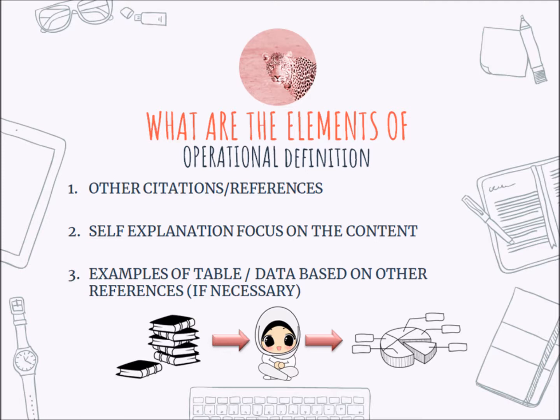Some other researchers already put the data into their research, so we might need to take the data into our operational definition. An example of self-explanation of operational definition of the term weight of an object operationalized to a degree would be the following. Weight is the number that appeared when the object is placed on the weighing scale.